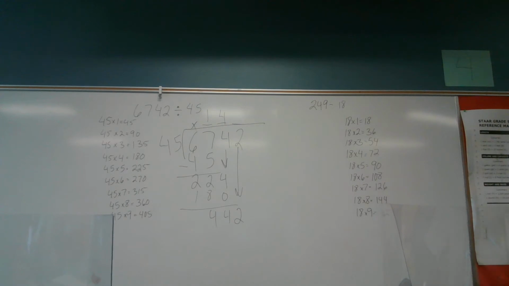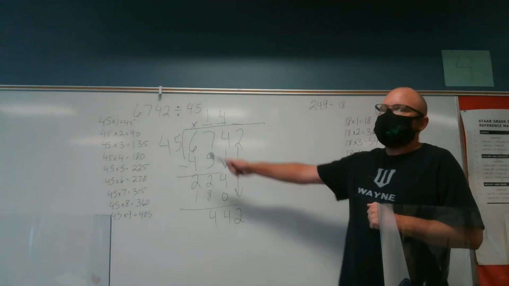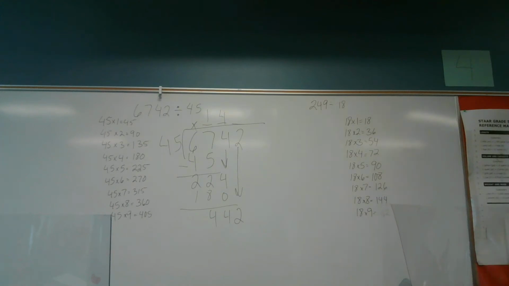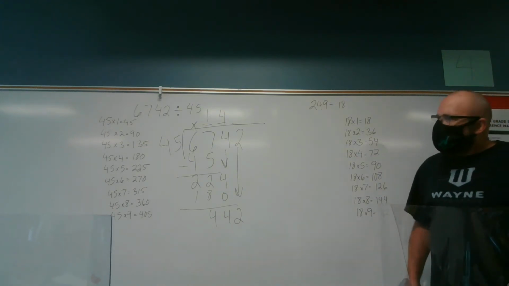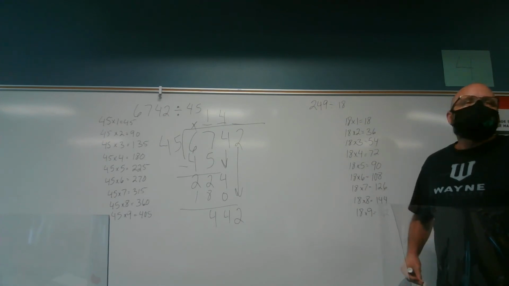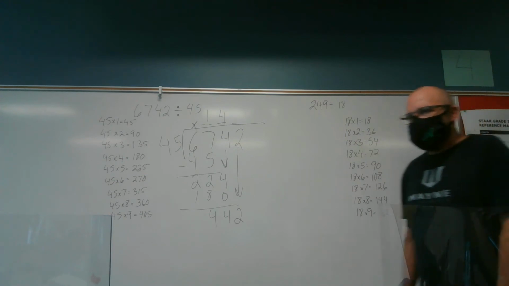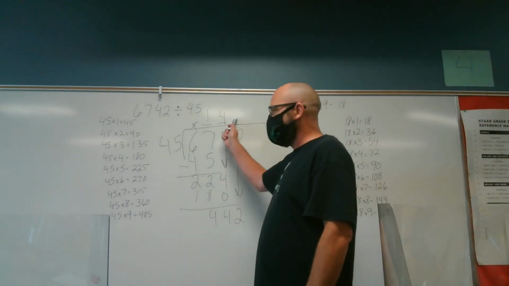Now I go back and I look at it and I have 442. And 45 will go into 442, so I go back over here and I look at my multiples. 45, 90, 135, 180. This is the song we played at my wedding. 225, 270, 315, 360, 405, and I don't need to do the next one because I can only put one digit up here at a time.